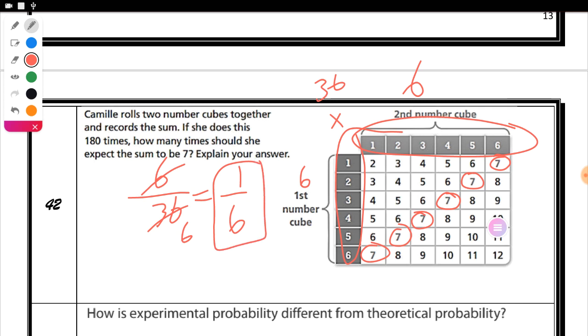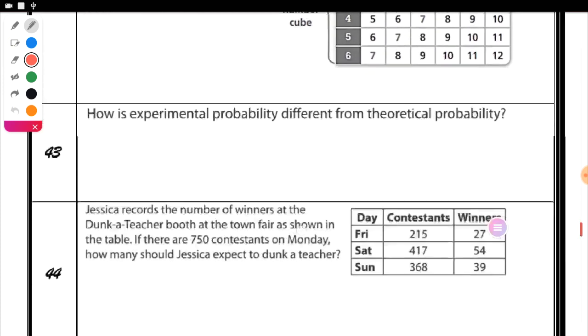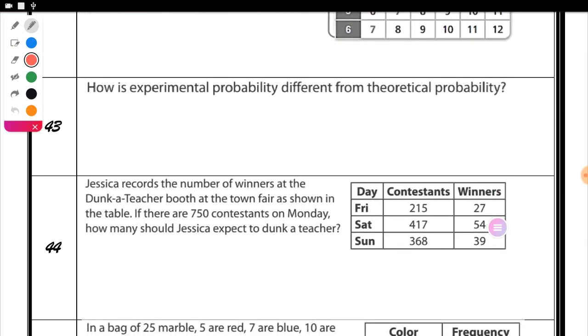Okay. 43. How is experimental probability different from theoretical probability? Experimental probability represents the actual event, what happened.